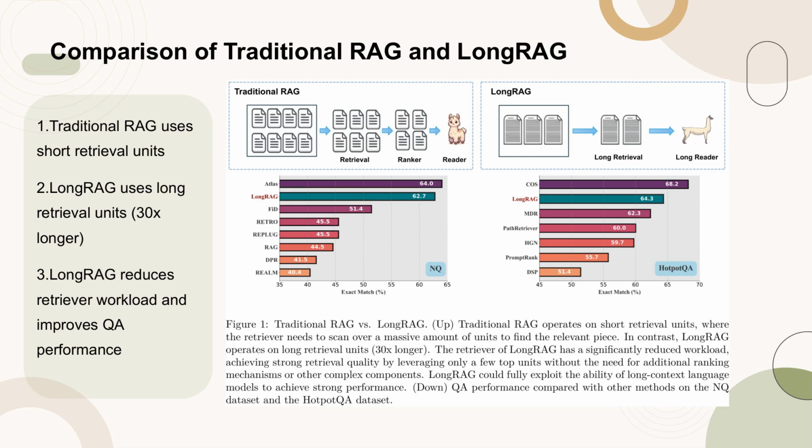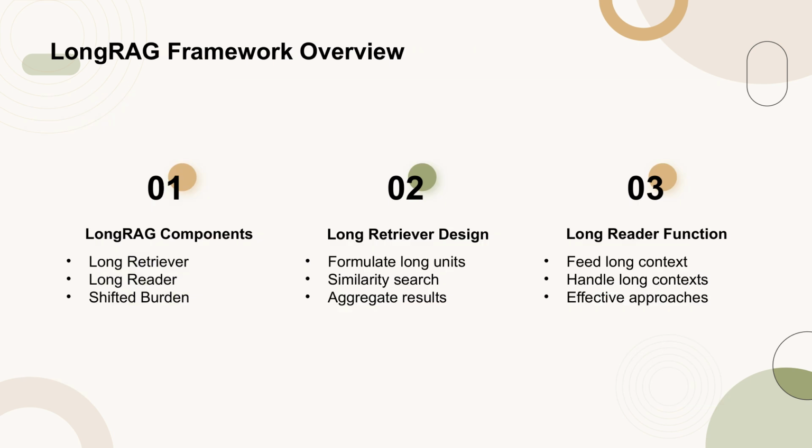This approach leverages long-context language models to achieve superior performance. The lower part of the figure compares the QA performance of various methods on the NQ and HotpotQA datasets, highlighting LongRAG's advantages.